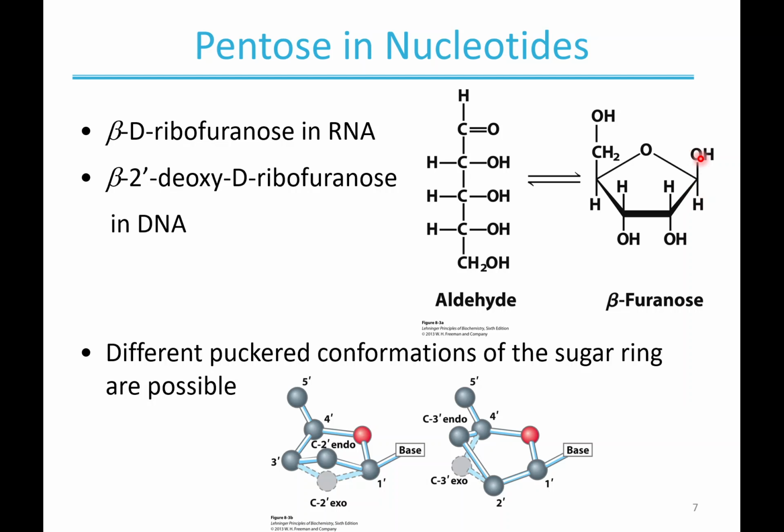This is where the nitrogenous base is going to attach. When we draw these pictures of a nucleotide, that base is going to be pointing up from that position. And this ring forms between carbon 4; the oxygen on carbon 4 is attacking this carbon 1 with the carbonyl, to make that 5-membered ring.